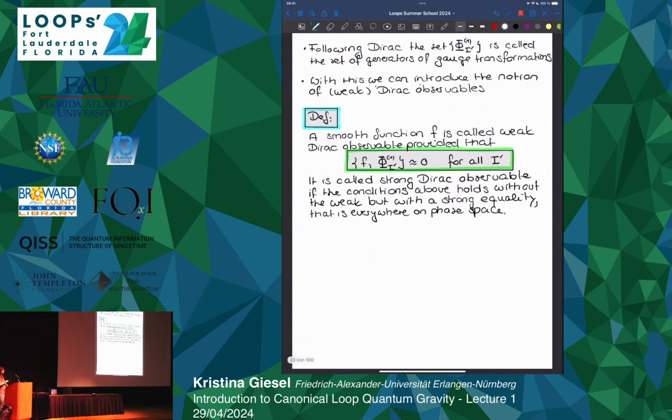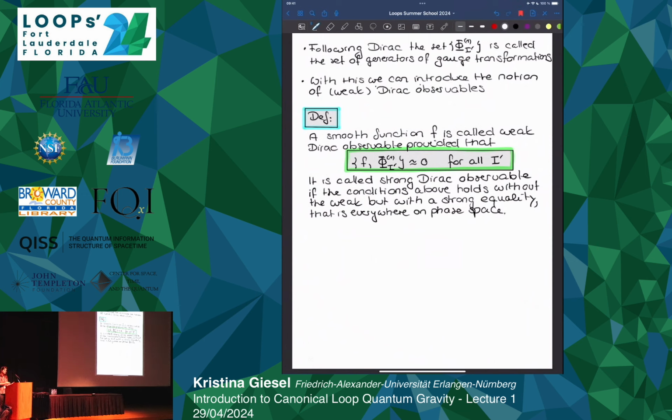Now, taking this set of first-class constraints and going back to the original interpretation Dirac had when he was developing this formalism, he would say that all these first-class constraints are the generators of gauge transformations. We will see this in general relativity, where we have explicit examples for the set of first-class constraints.